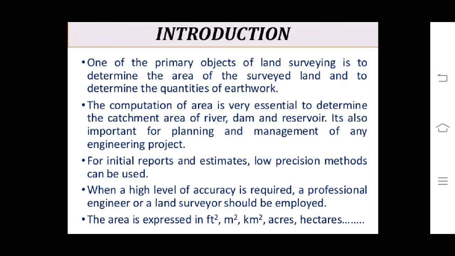Therefore, it is generally calculated by accurate methods. The area is expressed in feet square, meter square, kilometer square, acres, hectares, etc. Whereas volume is expressed in centimeter cube, meter cube, feet cube, kilometer cube, etc.